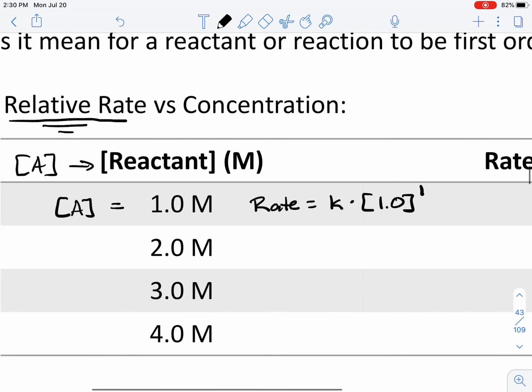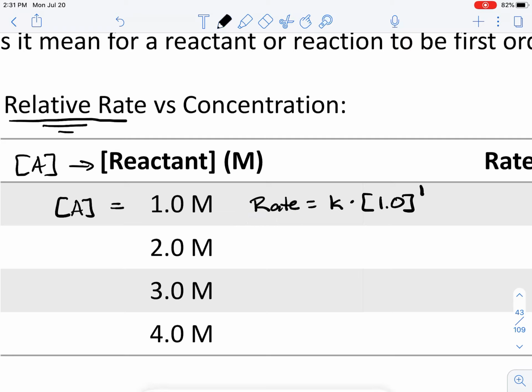There's a reason why I put in relative rate instead of the exact rate of reaction. Since the rate constant k is currently unknown, we're going to exclude it. And we can exclude the rate constant k because it's a constant. This number right here will not change. Once we determine the value of the rate constant k, then we can figure out what the exact rate of the chemical reaction is.